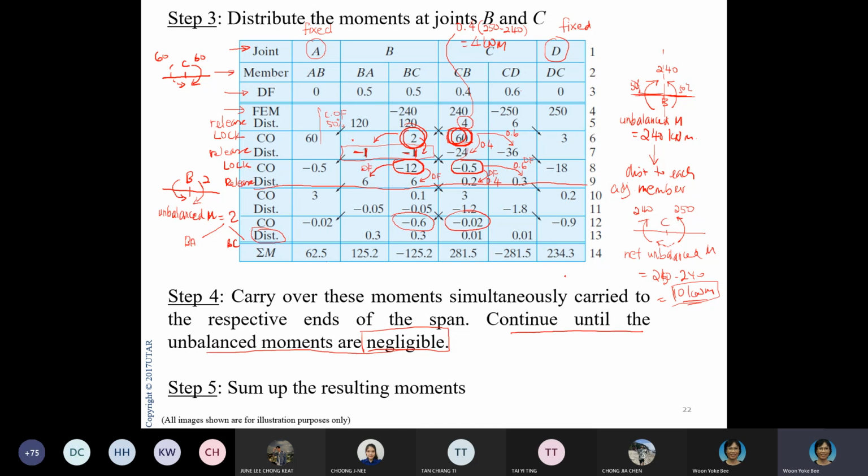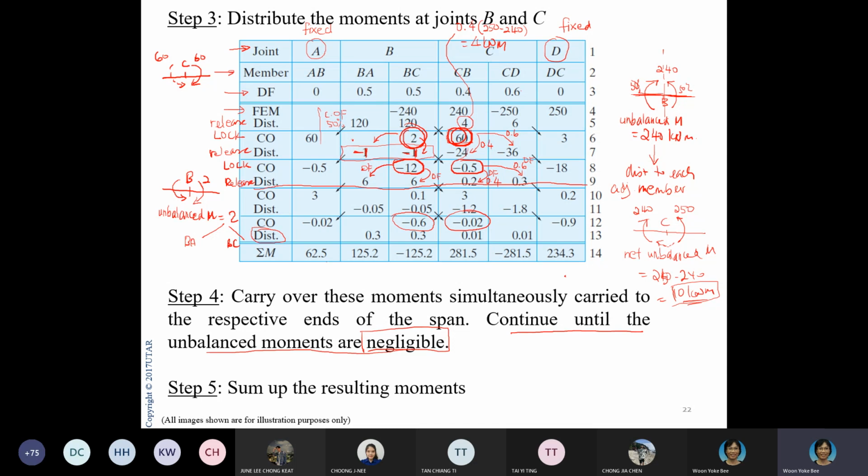But it's really up to you. As long as you get within that range and you understand the principles behind the distribution of the unbalanced moments, then you have achieved the course outcome of knowing how to analyze beams using this method.